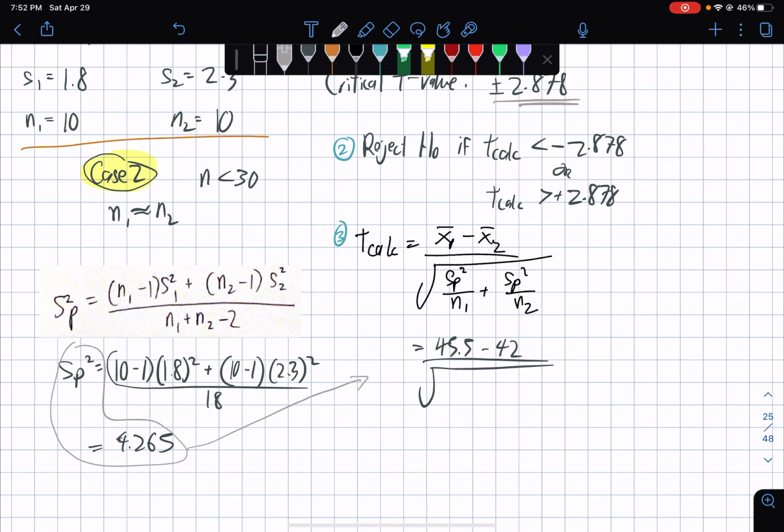Let's put it in the substitution process. 4.265 raised to 2 over N1, N1 is 10. Then 4.265 squared over 10. So 45.5 minus 42 divided by the square root of 4.265 squared over 10 plus 4.265 squared over 10. We get 1.834, or 1.835 if we round it off.